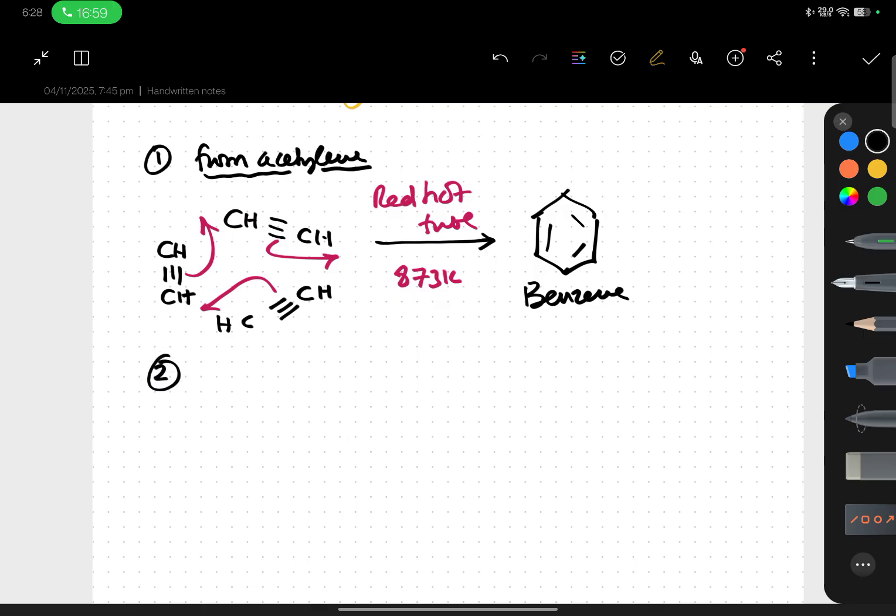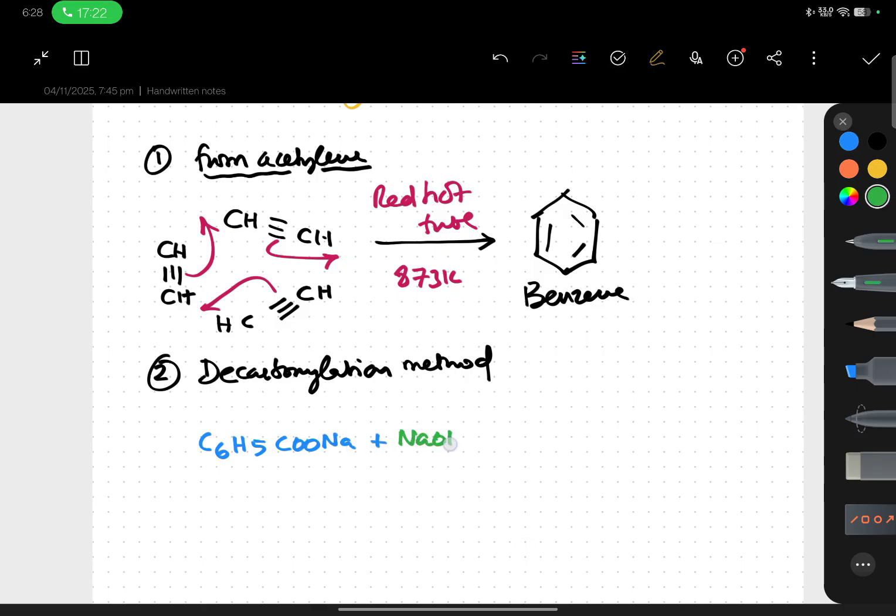Other than this, we have other methods, like you can prepare it by a decarboxylation method. What is the decarboxylation method? Take C6H5COONa plus you treat it with sodium hydroxide in presence of calcium oxide.